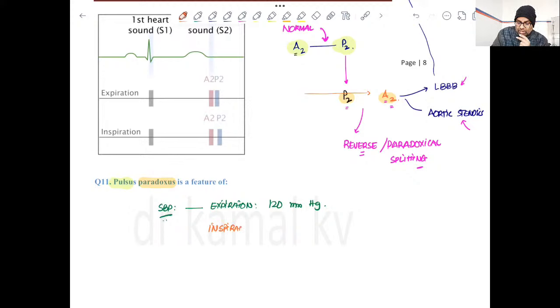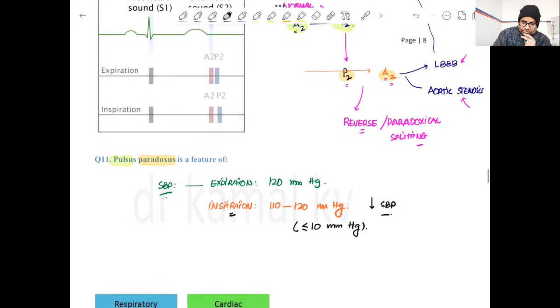There is a fall in systolic blood pressure, but it will never go below 110. So it may be between 110 to 120 somewhere. So it means there is a fall in systolic blood pressure on inspiration, and the magnitude is always less than 10 millimeter of mercury. Clear? This is normal teaching.